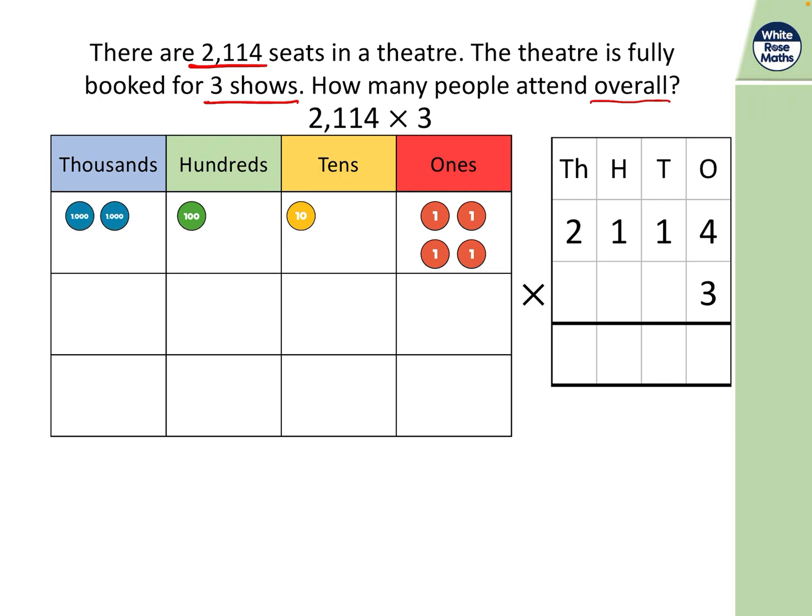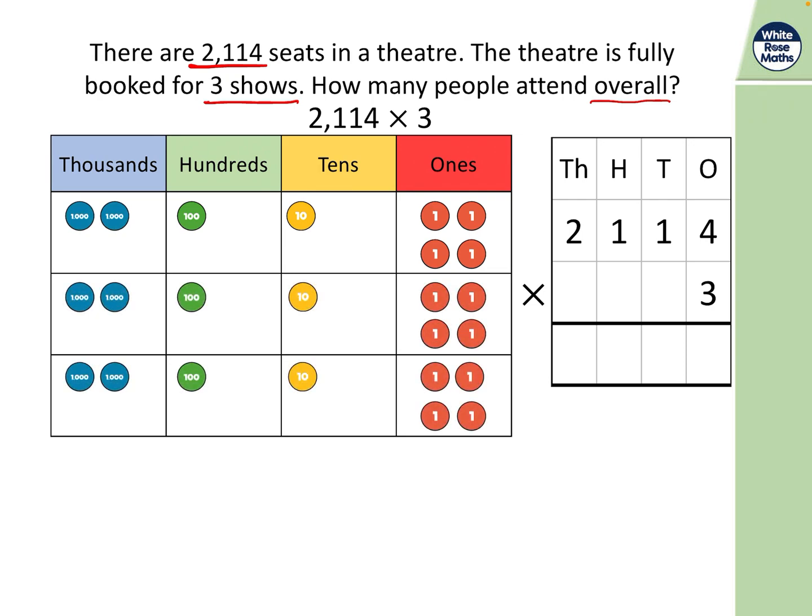So let's have a look. Let's put this in. We've got 4 1s, 1 10, 1 100, 2,000s, and of course we want 3 of them. Now you can go ahead, add that up, or we can go on to our formal method here. So we can do 3 times 4 is, of course, count them, 1, 2, 3, 4, 5, 6, 7, 8, 9, 10, 11, 12.